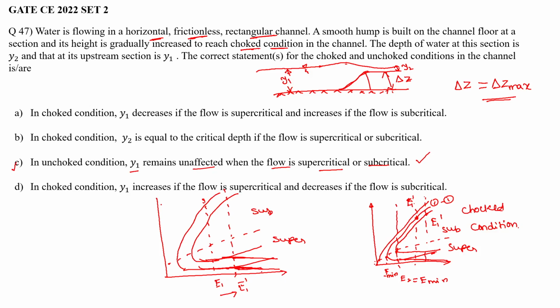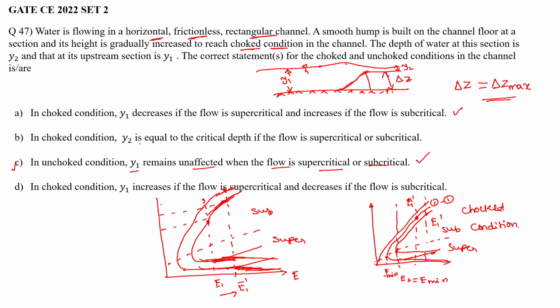If you correctly remember, this curve is asymptotic to the x axis, so the depth will decrease. Whereas in supercritical, the depth will increase. So option 1 is also correct.